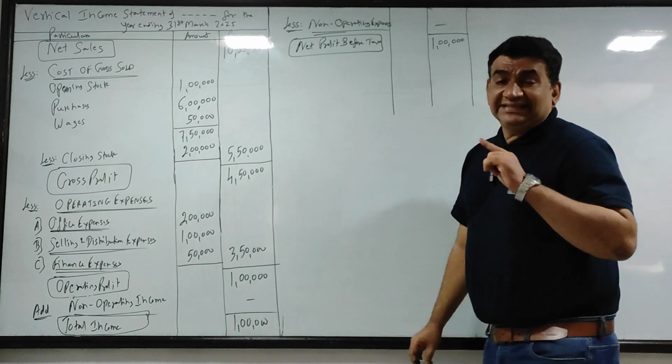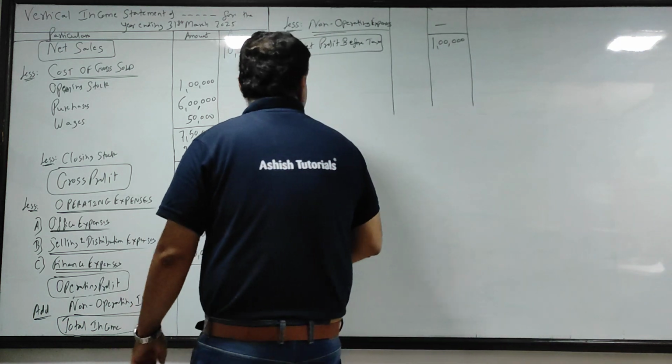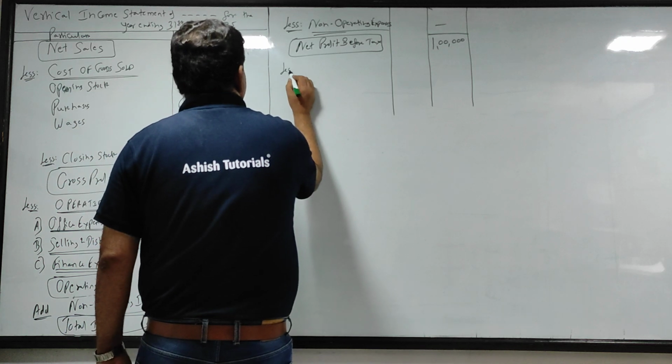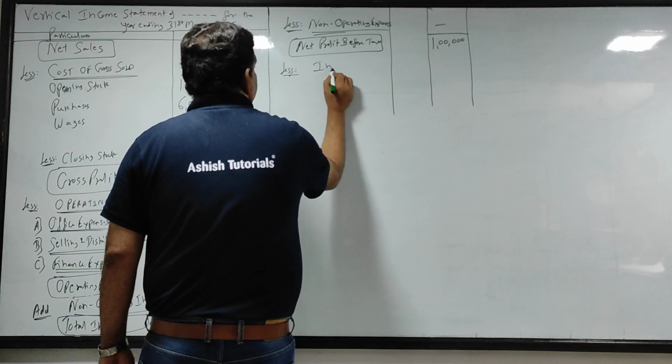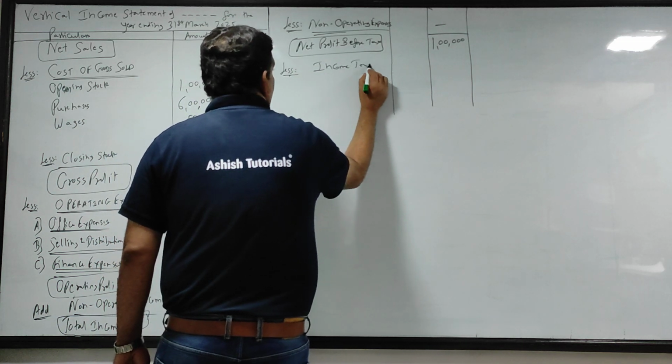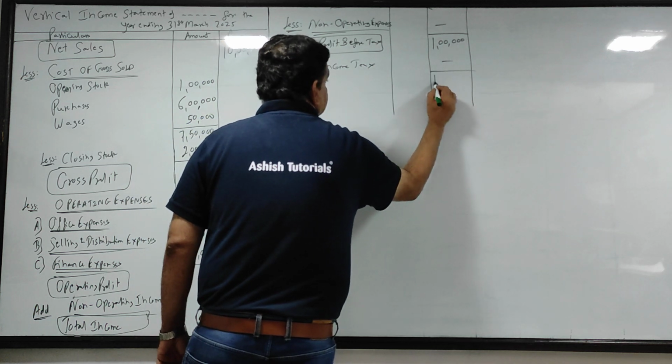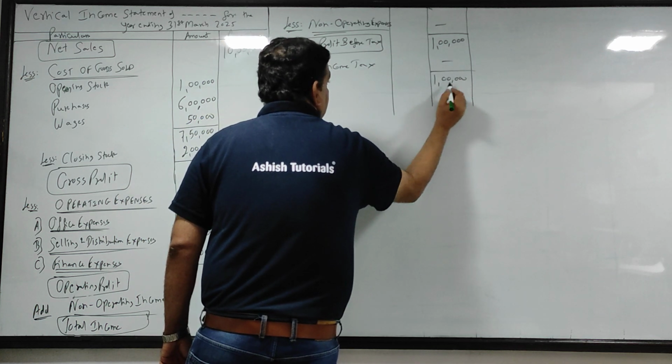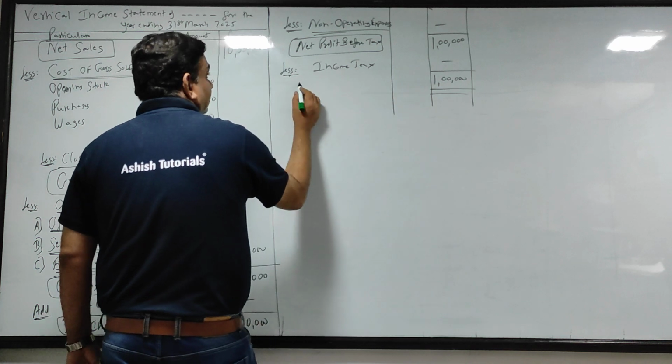And what I told you, this tax is income tax. From this you deduct income tax or provision for tax. Again ये sum में नहीं है. So 1 lakh minus 0, 1 lakh.